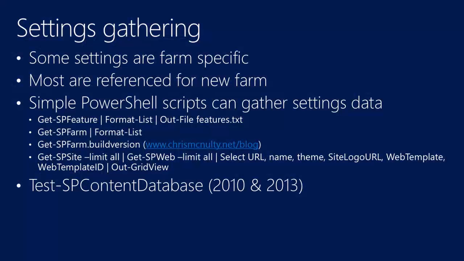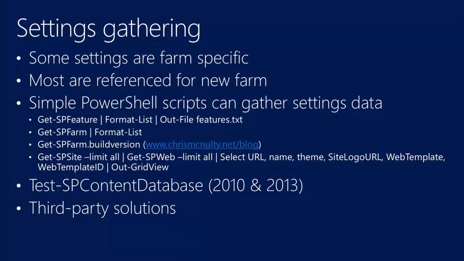Test-SPContentDatabase, which we'll talk about in the second half of today's session, is a PowerShell command. It's available in 2010 and in 2013 to look at a content database, compare it to a known installation of SharePoint, and make sure that the target you would want to move it to is ready to receive that database. There are third-party tools out there as well.